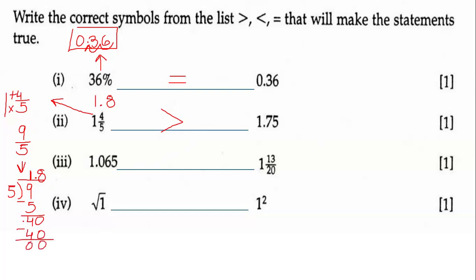So when we divide it, that's why we get 1.8, because we took 9 over 5 and converted it into a decimal, which is 1.8. Does that make sense or no? Yes, sir. Okay, good.